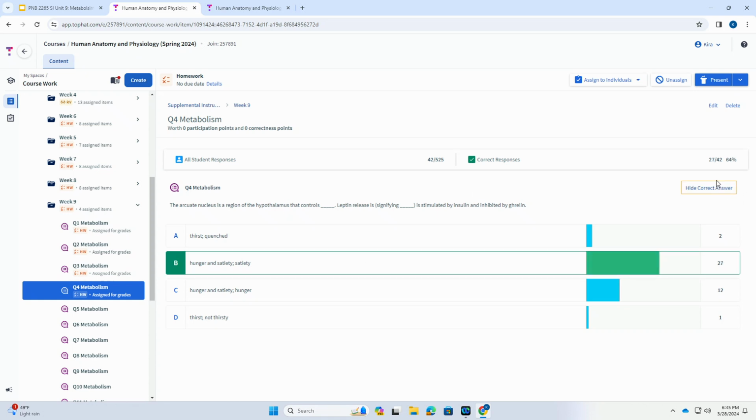So this whole drawing tells you that the arcuate nucleus is involved with hunger and satiety, and then leptin release signifies satiety.